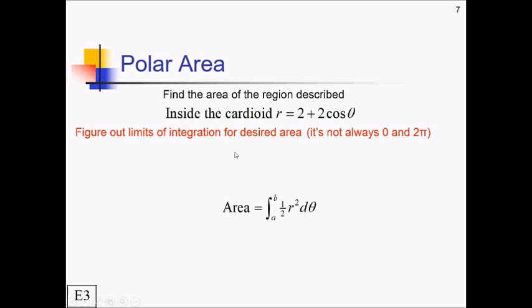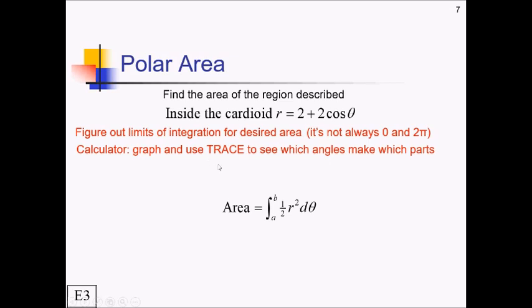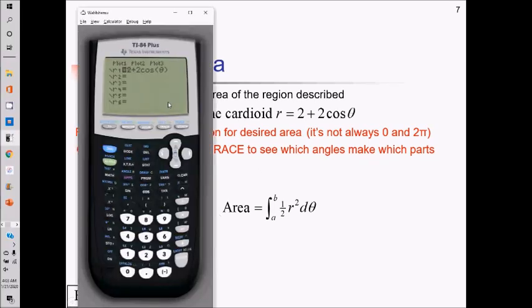So there's two ways to get your limits. If you have a calculator, you can actually graph it out and use the trace function to see which angles are giving you which parts. So on our calculator, if we go to the y equals in polar mode and actually graph this out here, and then let me just do a zoom 0 on this.